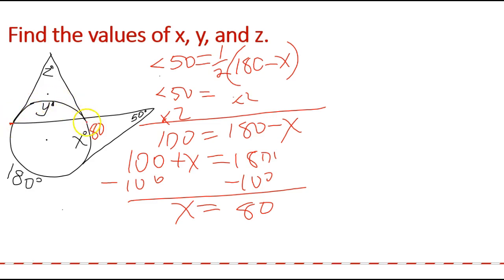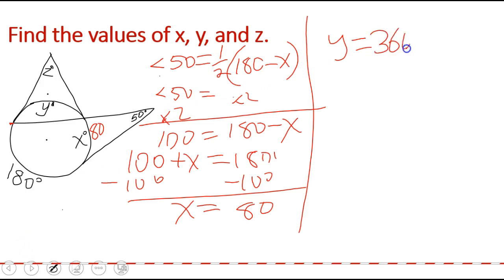So what is left to find y? All right, so we're going to do 360 minus 260. And again, this 260 came from arc 180 plus arc 80. Okay, and then what do you get?